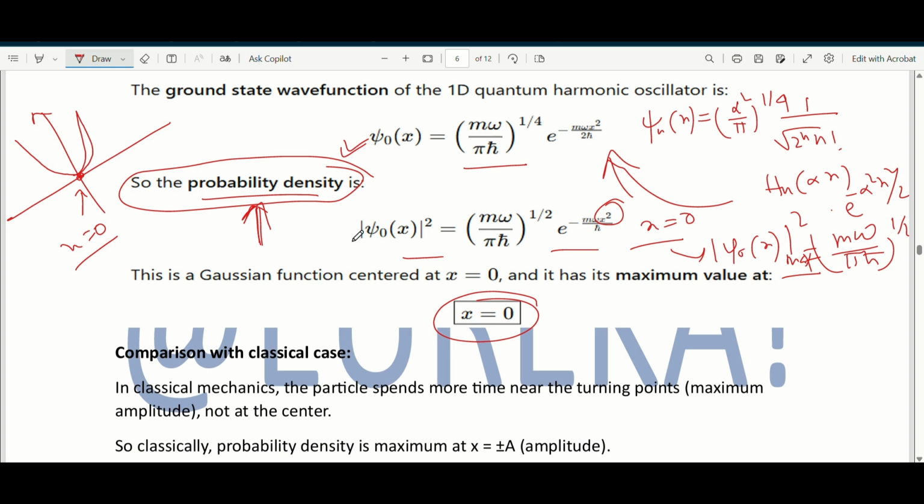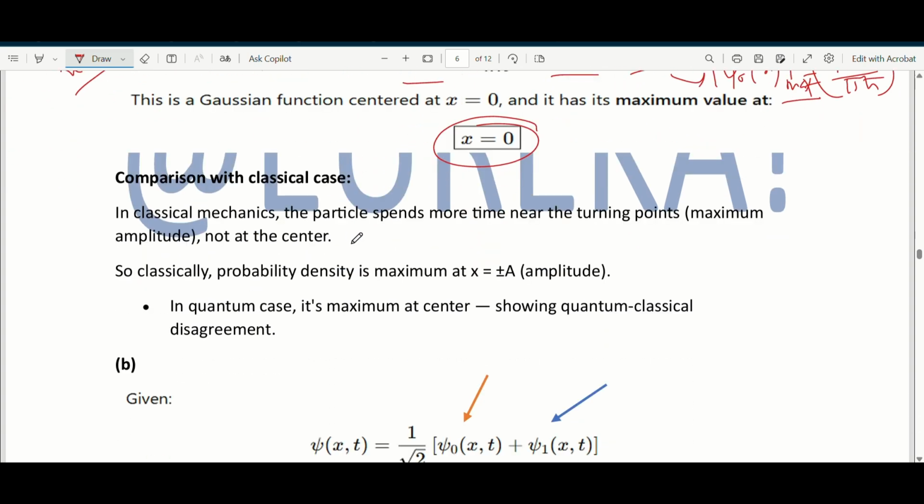In case of the classical oscillator, the probability density is maximum at the end point, at the turning point x equals to plus minus a, at maximum amplitude. So this is the main fundamental difference between the classical oscillator and the quantum oscillator.